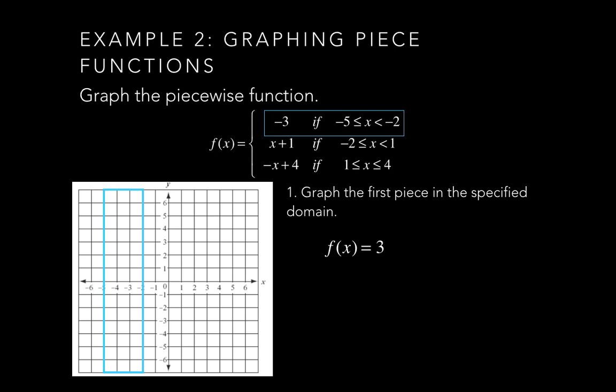Okay, so this is just a horizontal graph, picking up at that height of 3 and also ending at that height of 3. It's just a horizontal line right through there. It's closed at negative 5 where x is negative 5, and it's open where x is negative 2. We determined that by looking at that inequality.